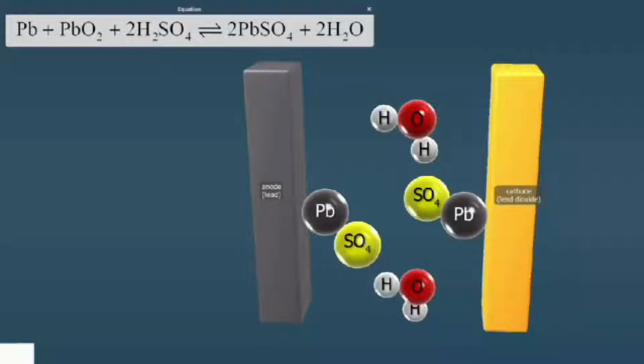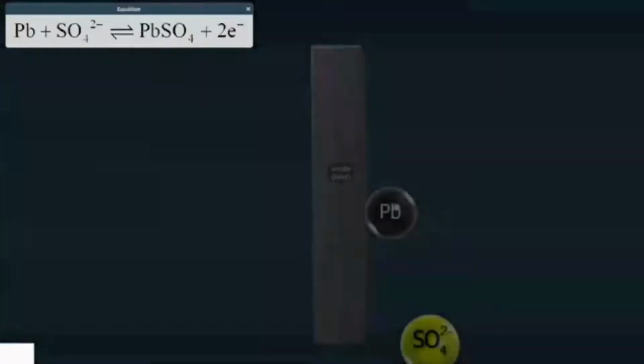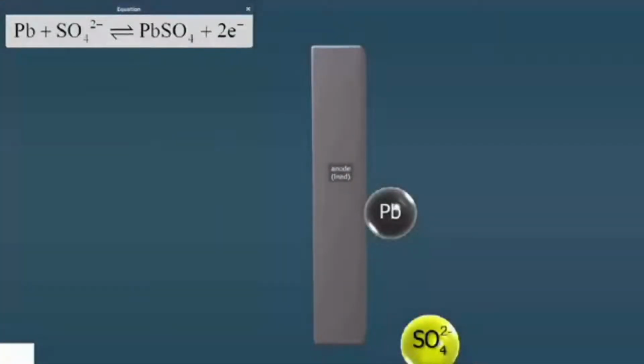When the battery discharges, the direction of the current is opposite to the direction when the battery is charging. During discharge, the lead plate, the anode, releases lead ions, and 2 electrons are formed. The lead ions react with the sulfuric acid to produce lead sulfate.